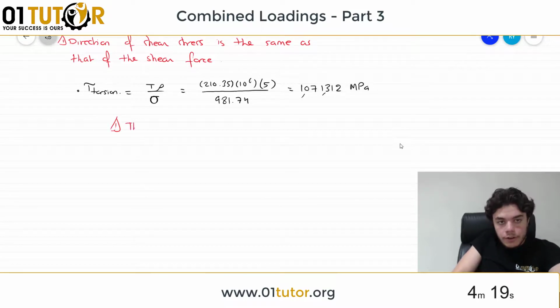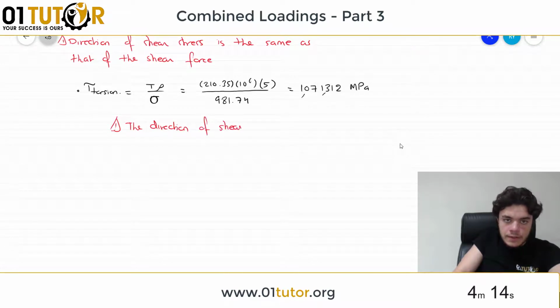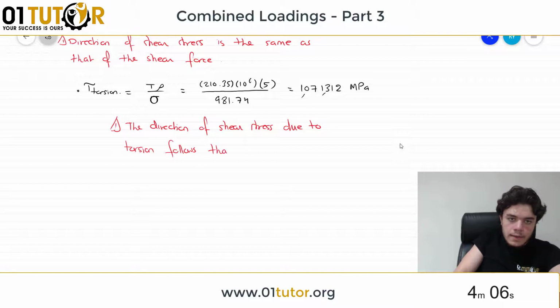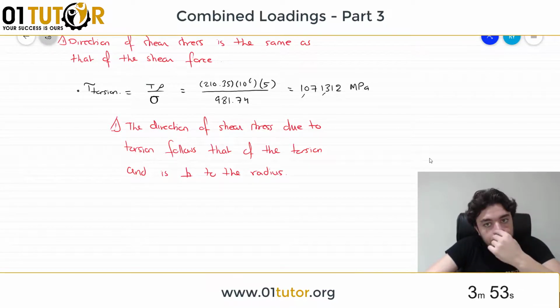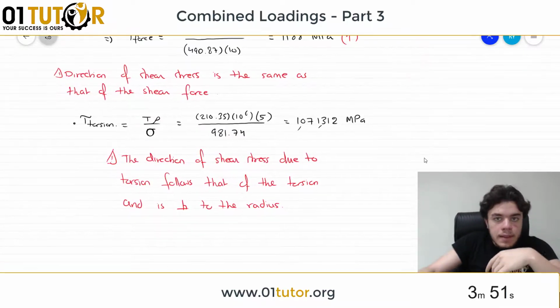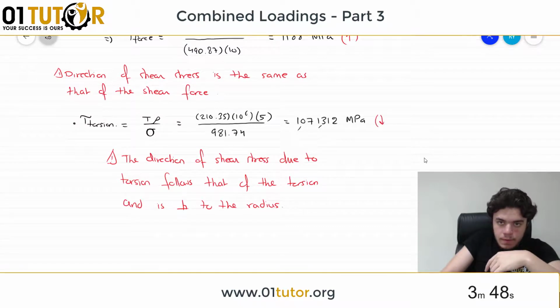So the direction of the shear stress due to torsion follows that of the torsion and is perpendicular to the radius. Recall that from chapter 5. And so it's going to be downwards.